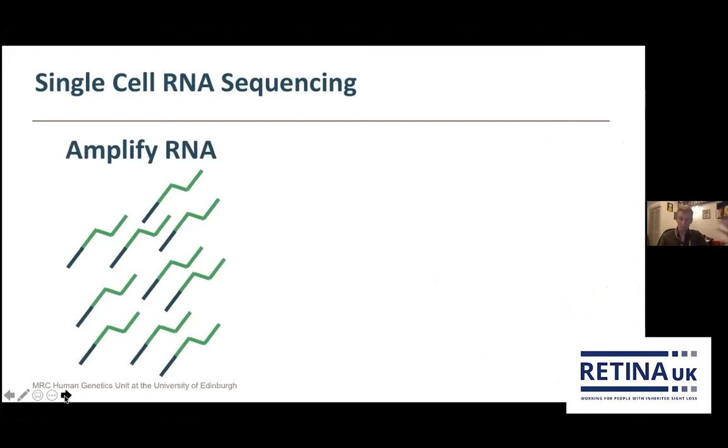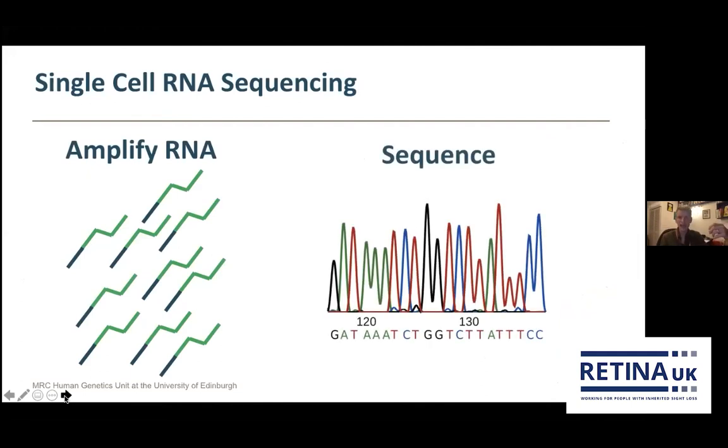Then we amplify the RNA, so we turn it almost back into DNA and then amplify it. So then you have millions and millions of transcripts, but again, they're all barcoded, so we know exactly which cell they came from. And you then read every single transcript on a sequencer, and you get hundreds and hundreds of millions of transcript reads.